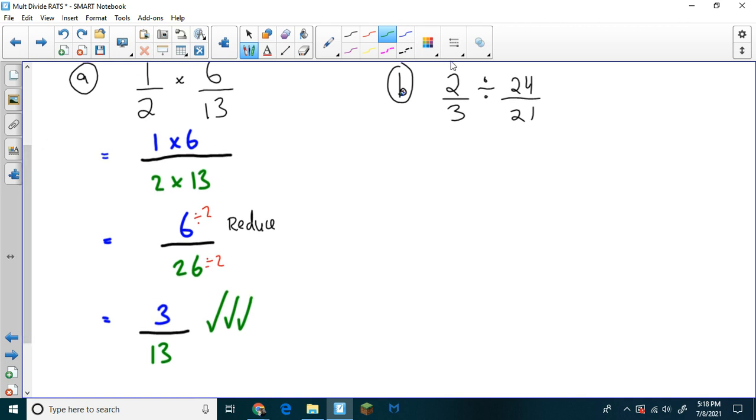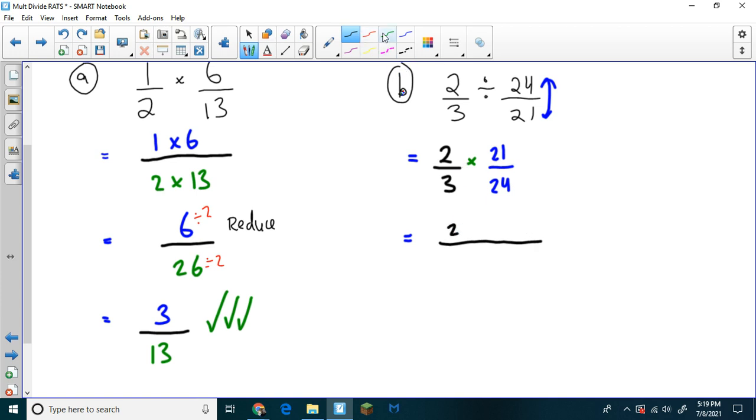Part B is just illustrating the rule for when I divide fractions. Hopefully you remember what I do when I divide. The first fraction stays the same, then I change the sign to multiplication and flip the second fraction. So it's going to be 21 over 24. Now we can use the same process where I multiply.